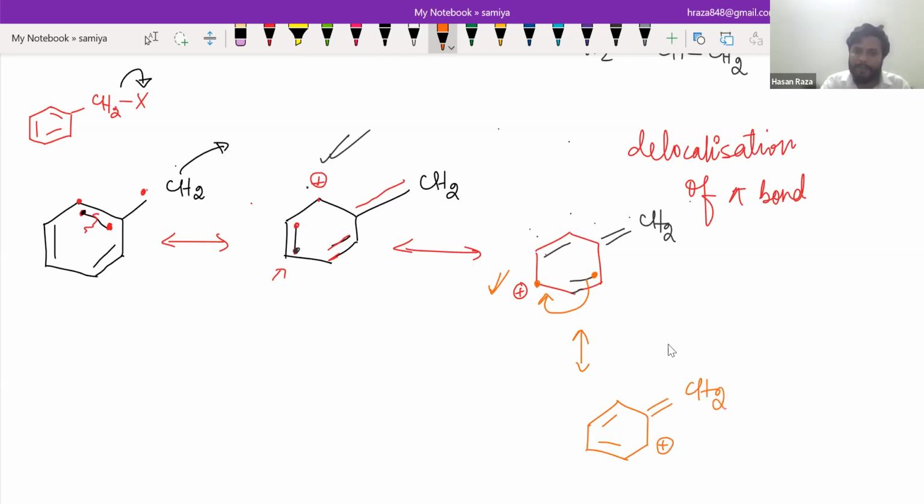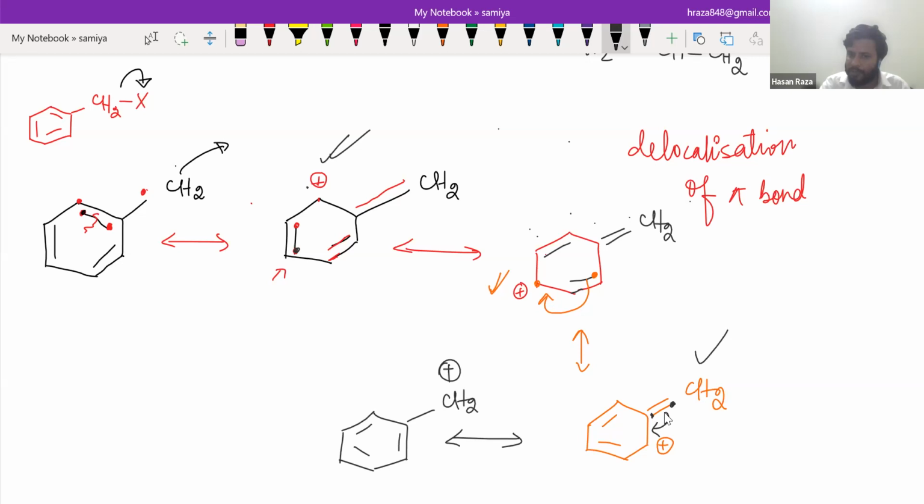Now again, this double bond, you know that there will be two electrons, so this will move to this, and the double bond will be here, and now again there will be CH2 positive because it just gives its electron.